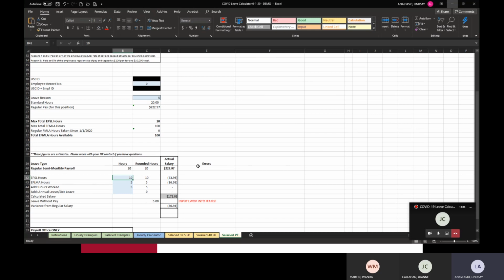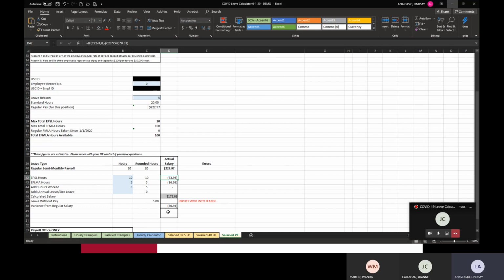Since EPSL and EFMLA are going to be paid at 67% of the employee's regular rate of pay because it's reason 5, the 33% of the employee's pay is deducted from the semi-monthly payroll, as you can see here.